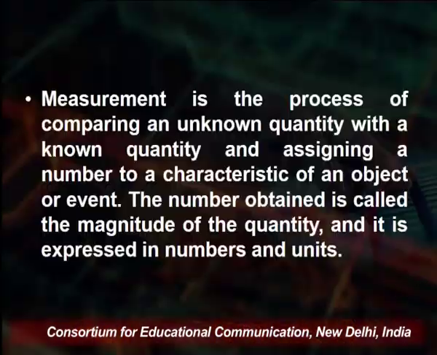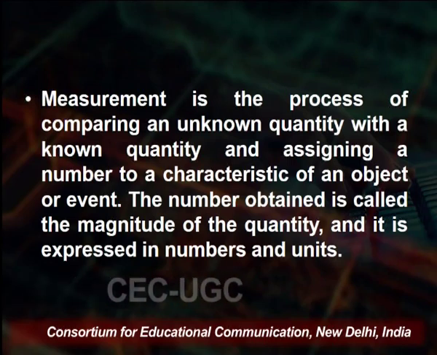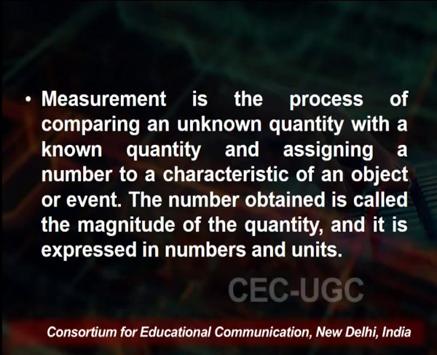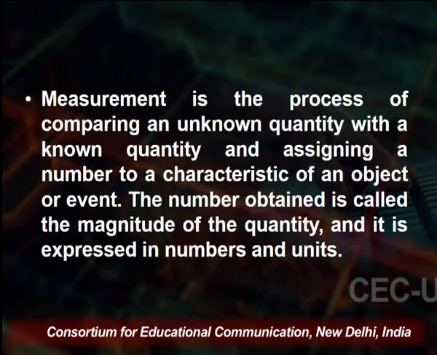In other words, performing measurement is one of the basic rules of better manufacturing. By measurement, if we have any error, we can correct that error and improve the manufacturing. So, measurement is the process of comparing an unknown quantity with a known quantity.